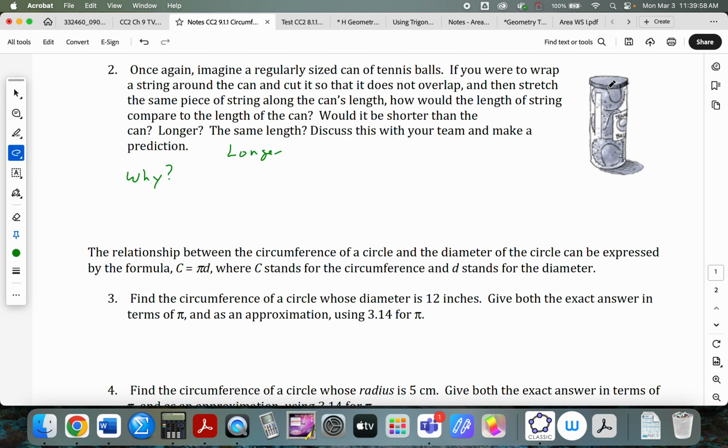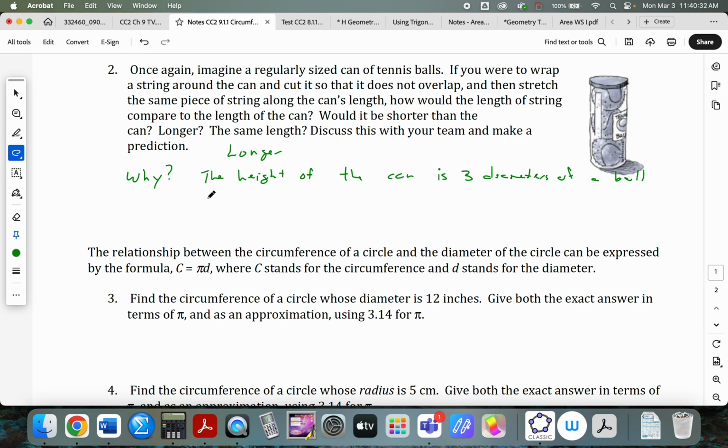How many diameters of the tennis ball high is this? 3. The height of the can is 3 diameters of the ball. Right? Because it's 3 balls stacked up, a diameter plus another diameter.